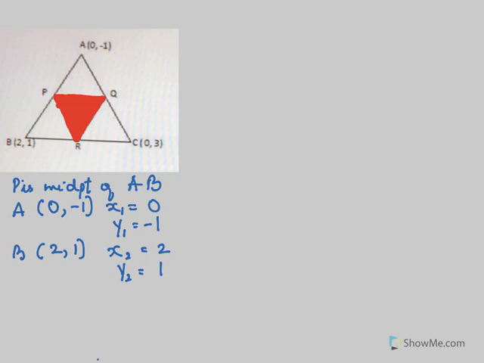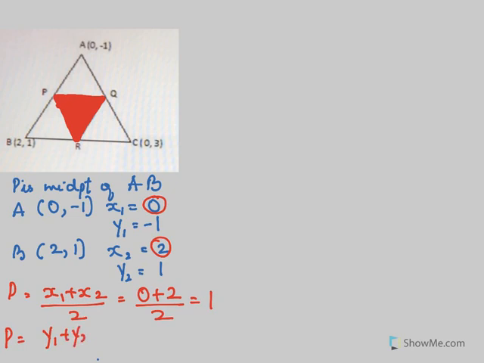So for P, for the x coordinate we do x1 plus x2 divided by 2, that is 0 plus 2 divided by 2, and that would be 1. Now for the y coordinate, y1 plus y2 divided by 2. Remember, this is the formula for midpoint. So your y1 is minus 1 and your y2 is plus 1 over 2, so that is 0. So we'll mark P coordinates (1, 0).